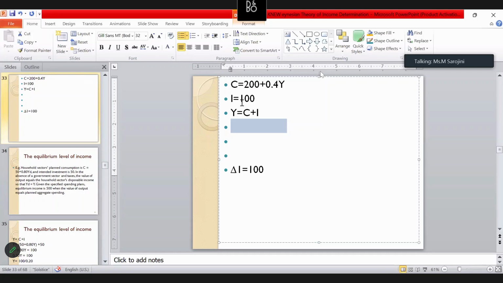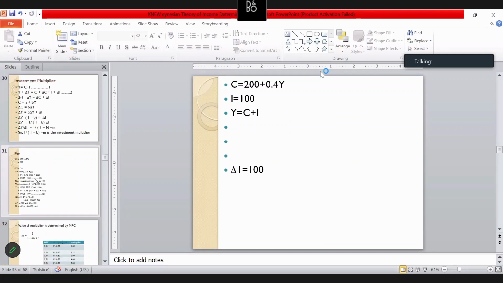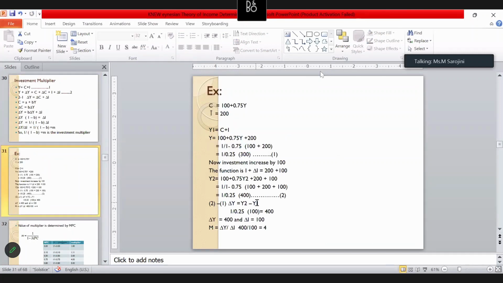Also, there is delta I, that is the change in investment, equal to 100. Now you are requested to calculate the investment multiplier using the previous method. Using this method, can you calculate and get the answer?